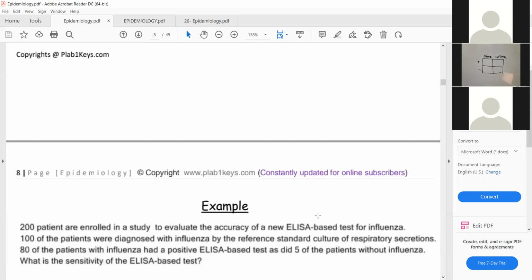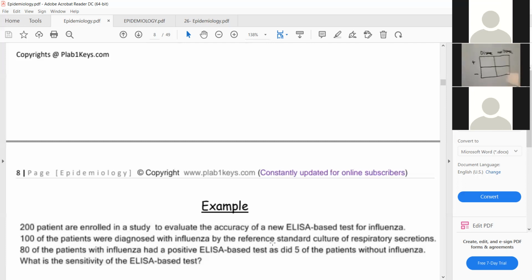This ELISA is the screening test, and we are checking the accuracy of this ELISA test, and this culture of the respiratory secretions is the diagnostic test. So 100 of the patients were diagnosed with influenza by the reference standard culture of respiratory secretion, and 80 of the patients with influenza had a positive ELISA-based test.